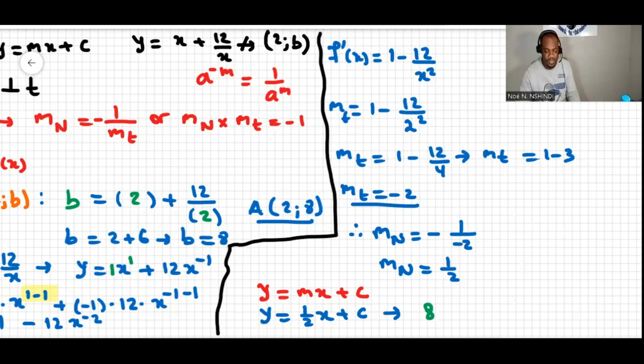8 for y, and this will be equal to a half, and then 2 for x, plus c. To find c, I sub 2 there for x, and this is just 1, so it's going to be 8 equals 1 plus c, and that makes 8 minus 1 equal to c.